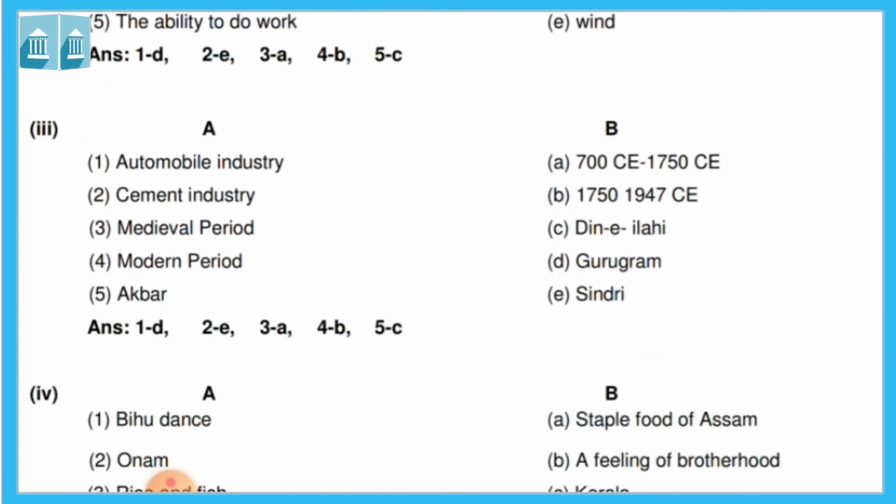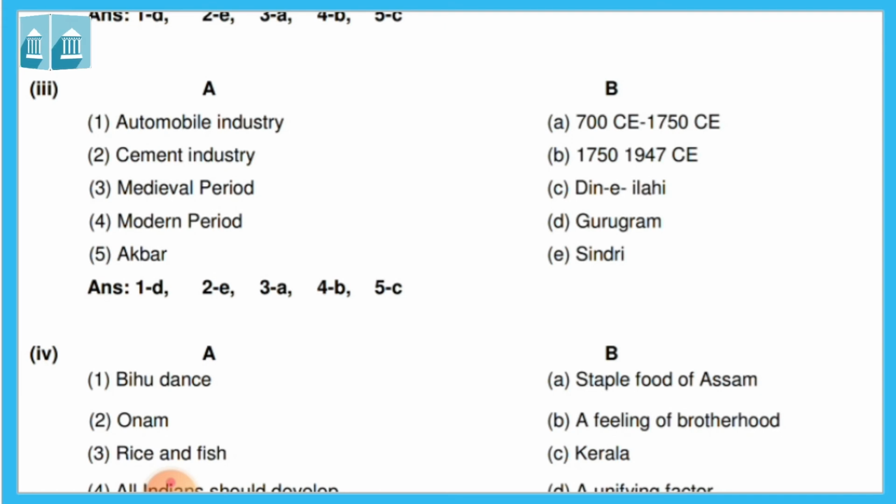Now the third one, automobile industry. Where this automobile industry is set up is Gurugram. Cement industry, it's Sindri. And medieval period, it's 700 CE to 1750 CE.